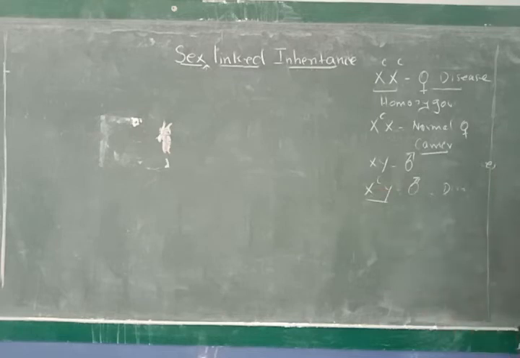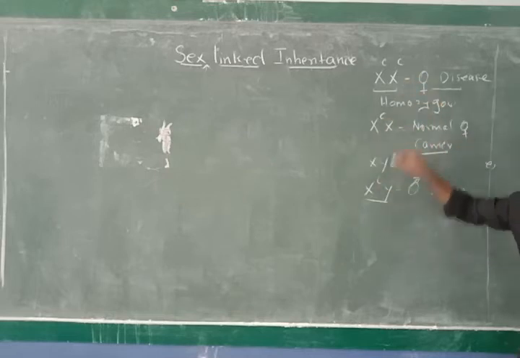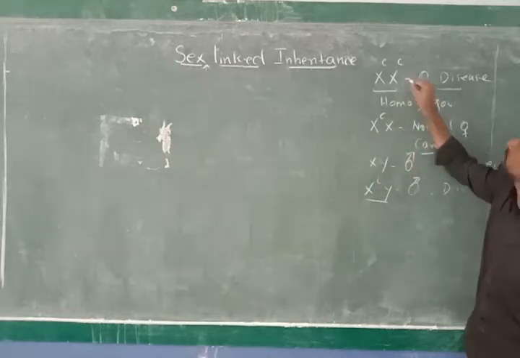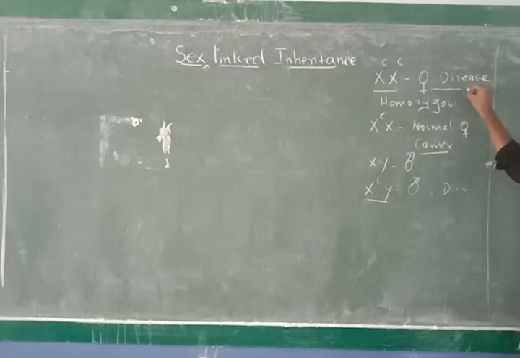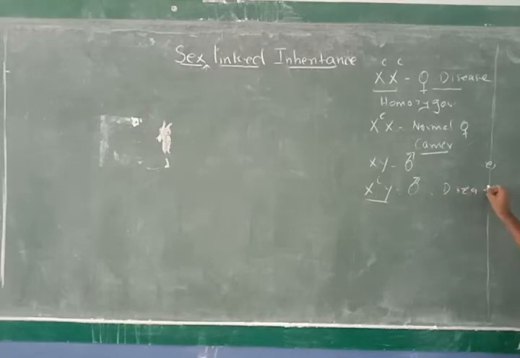He cannot be a carrier. He can just be the diseased one. So before we study the situation, you have to understand these things. X^C X^C is for female, it is disease. Then X^C X for a normal female but called a carrier. X Y male is normal. X^C Y male is having disease or affected.